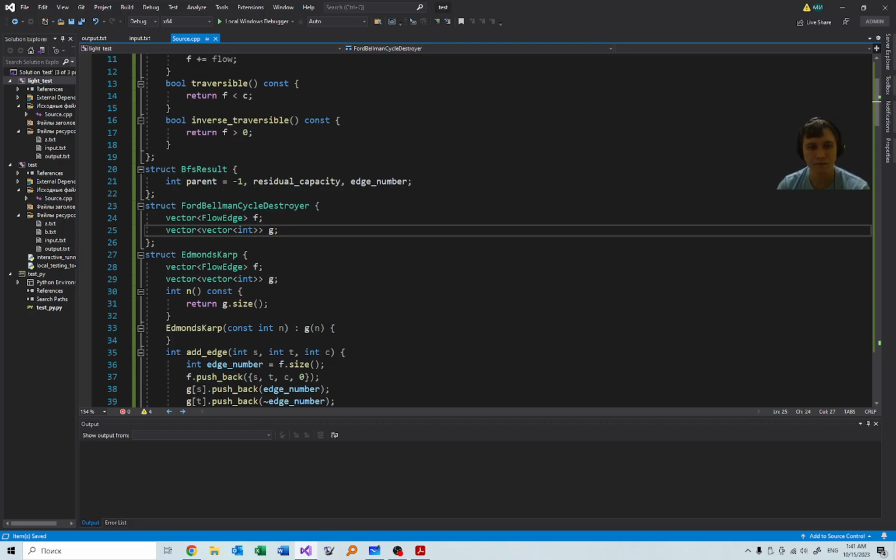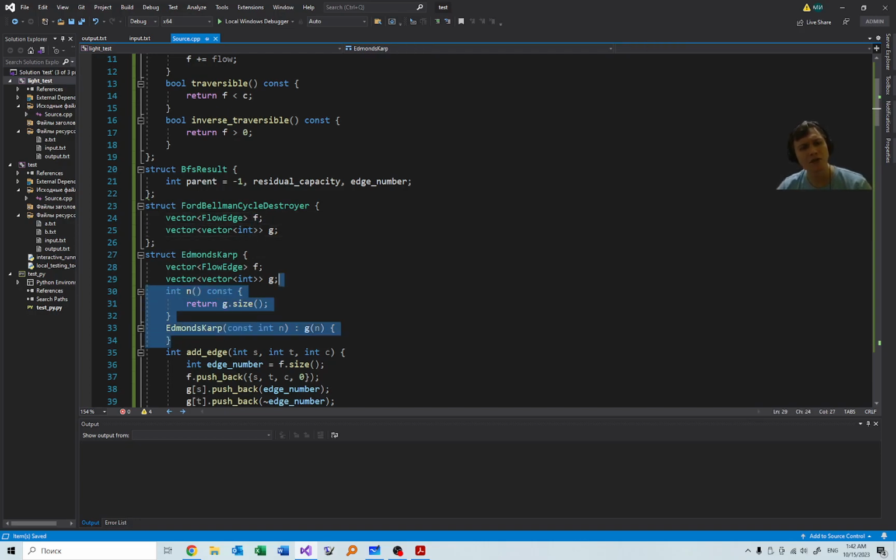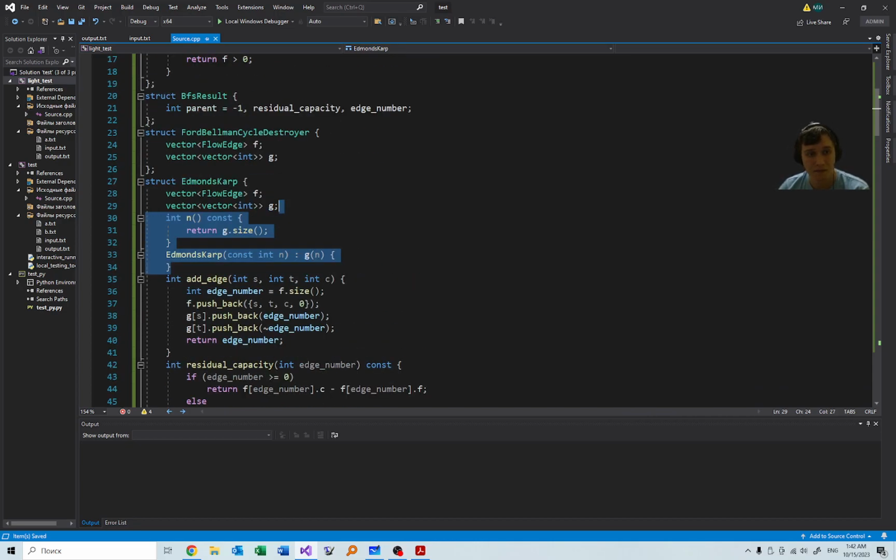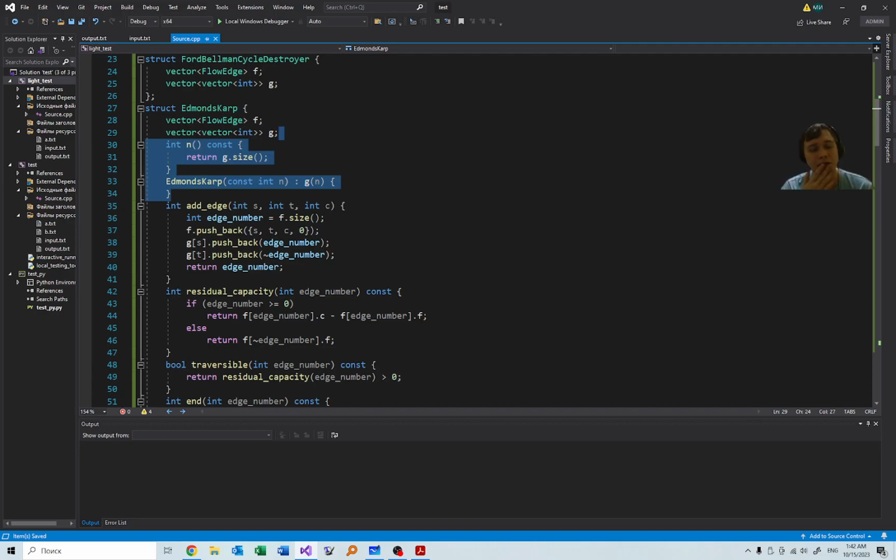I have several edges. Okay, let me think. Yes, it's the same. Actually, much of this is the same. I guess I could even make a special struct called flow graph, and these both things use it. Yeah, I think it's legit.